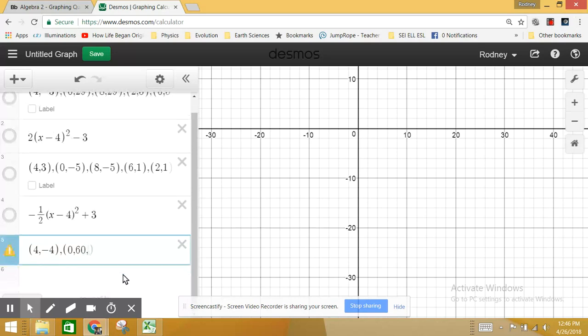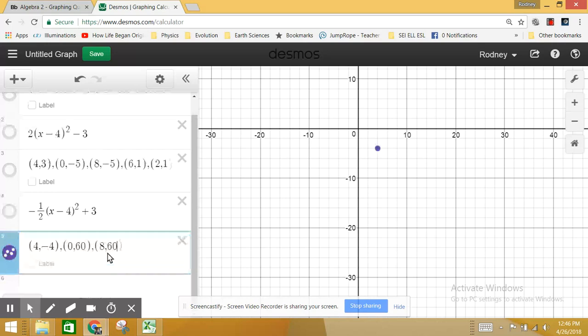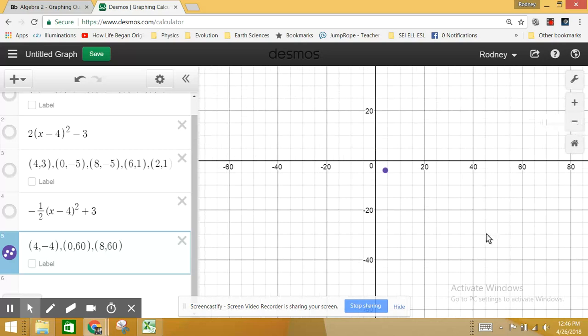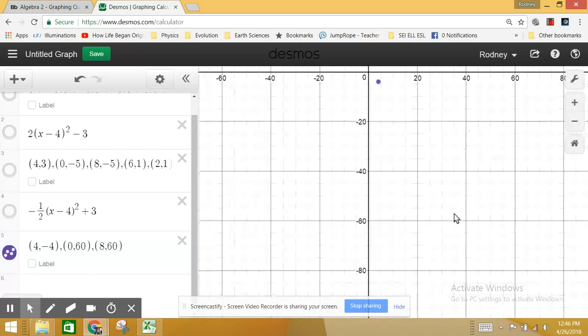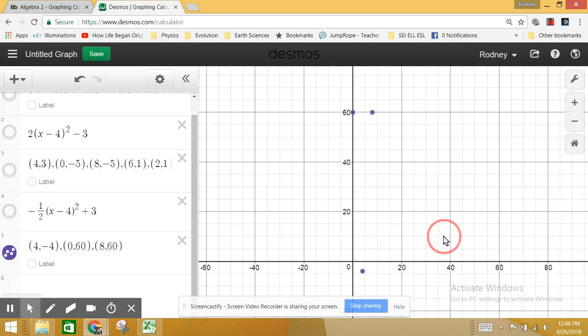And we have a mirror point at 8, comma, 60. And we can't see those right now because 60 is off the screen, but there they are.